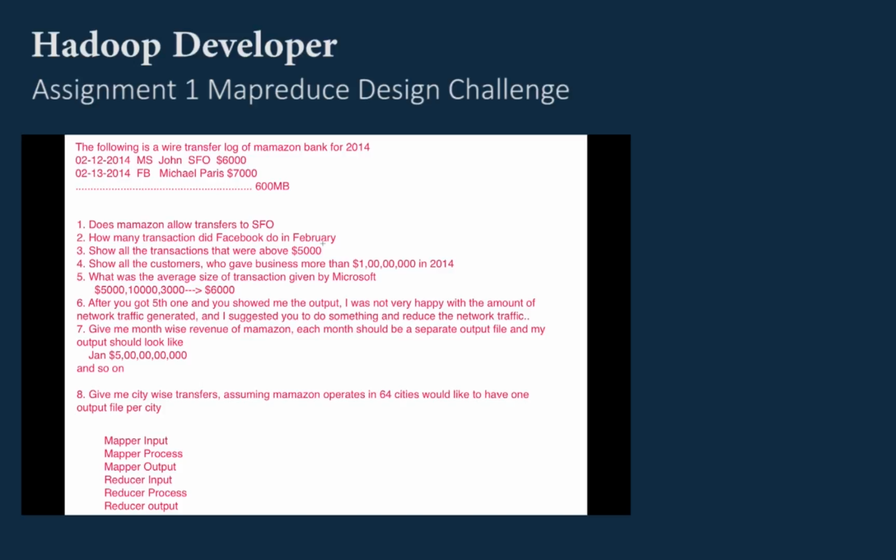Just to quickly summarize, so far you're supposed to write pseudocode for 5 problems. The first problem is, looking at the data, does Mamazon allow transfer to San Francisco or not? The second problem is, extract all the transactions that were done by Facebook in the month of February.